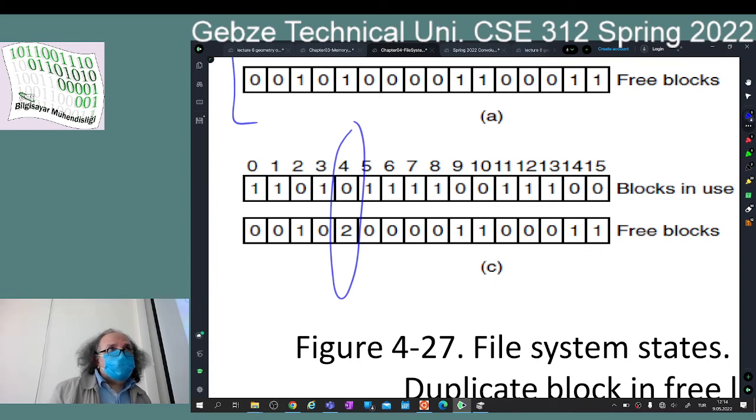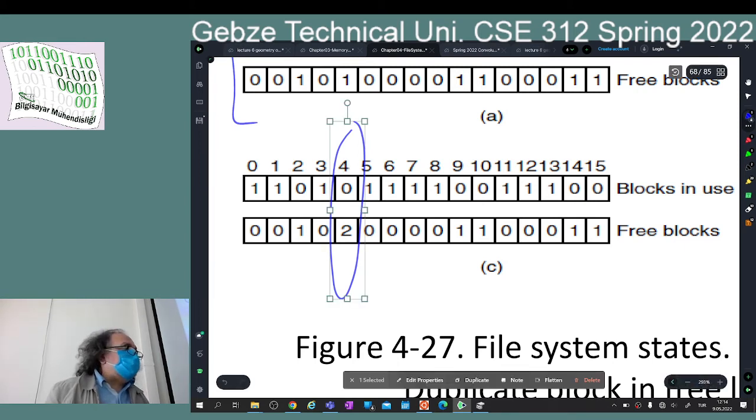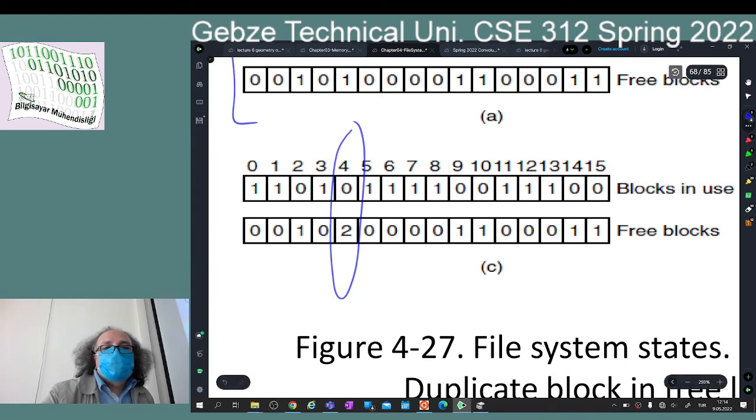First of all, this cannot happen with the bitmap free list representation, because with the bitmap there is only 1 bit for block number 4. But for the linked list representation, it looks like number 4 appears 2 times in my linked list. Find the second one and delete it from the linked list. That would be the solution. So we kind of solved this problem too.